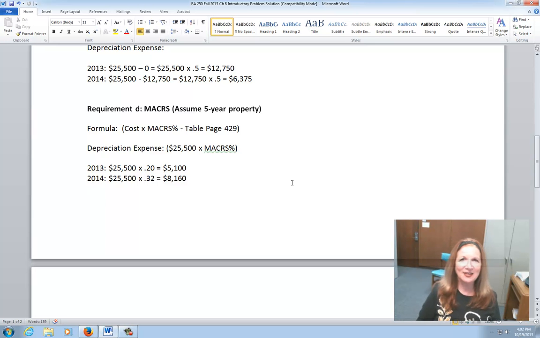I think you'll find it's a rather easy problem, a good introduction to these 4 depreciation methods, and of course you can do more, and you will do more in your Excel problem, but you'll do exactly this same calculation, you'll just do it on Excel. So welcome to the 4 depreciation methods. Welcome to Chapter 8 in this introductory problem.